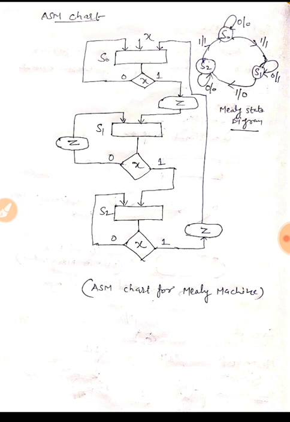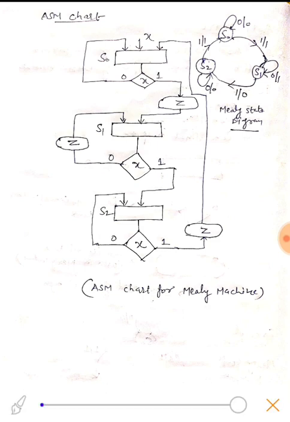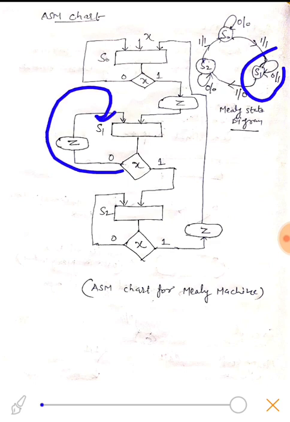to S1. Similarly, we can see in the state diagram that when it is in state S1 and the input is 0, it will remain in state S1, but the output is high.